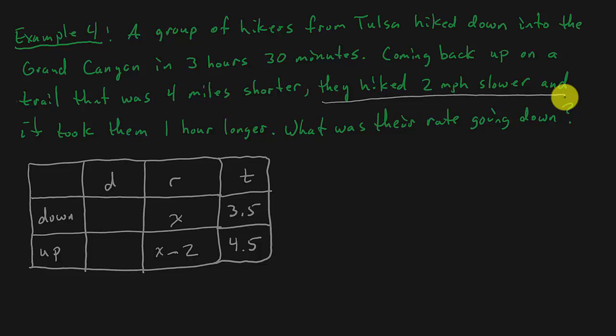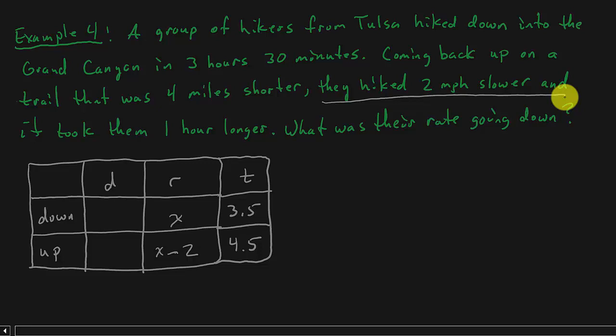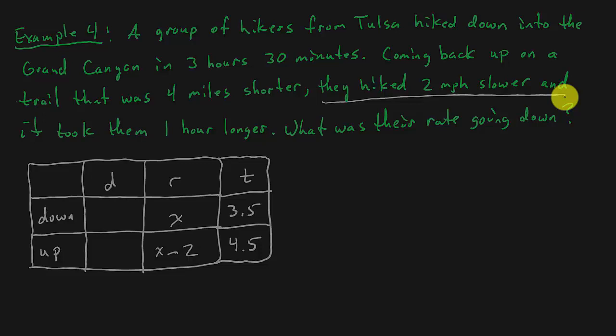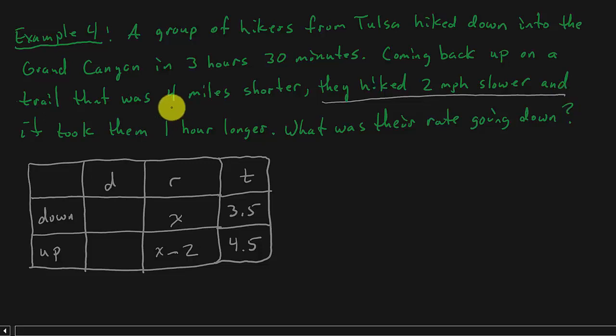So they don't tell us anything really about the distance, but we do know, well, the one thing they tell us is that the trail going back up was 4 miles shorter, right? Well, I know that this distance is what? 3.5x. This distance is 4.5 times x minus 2.